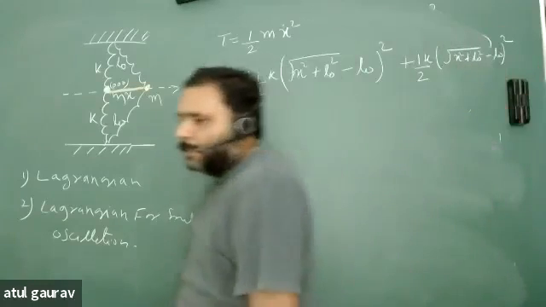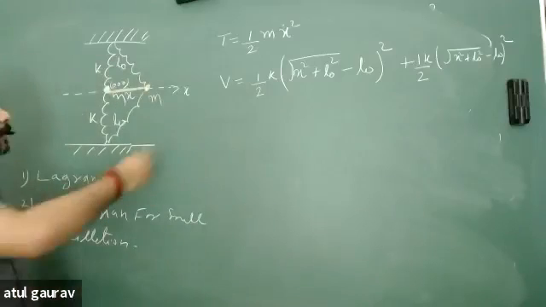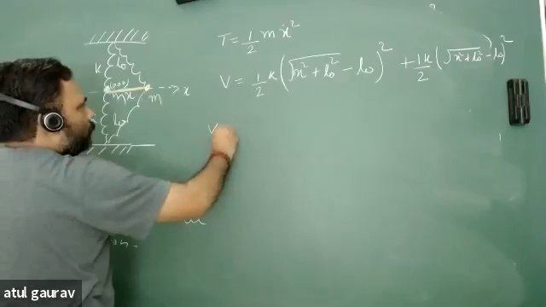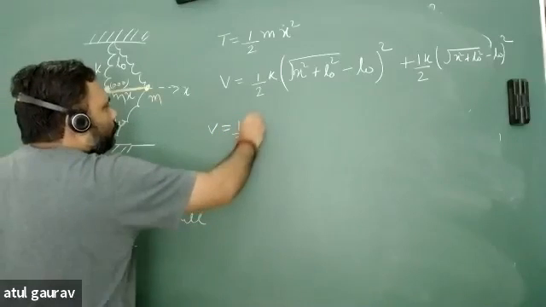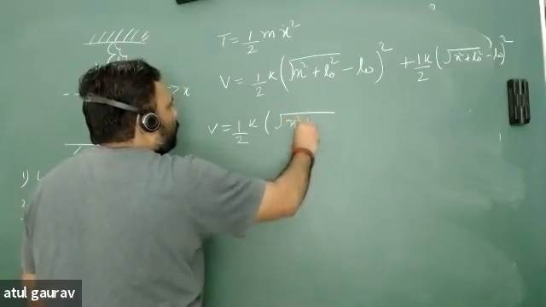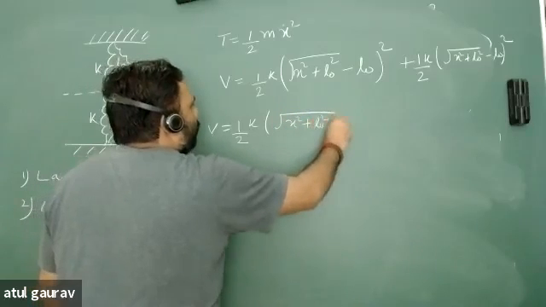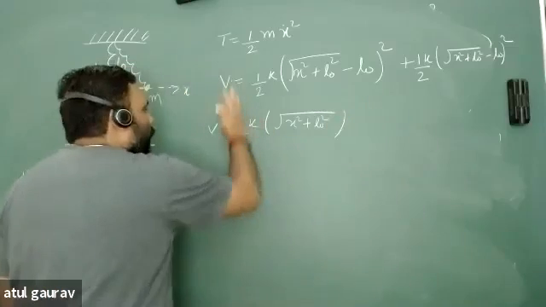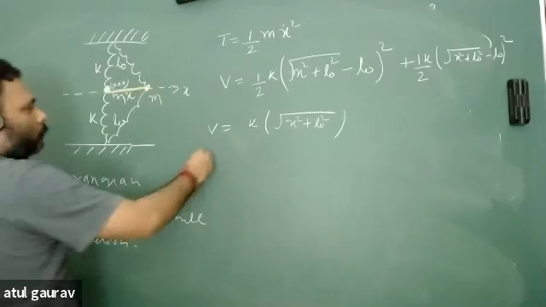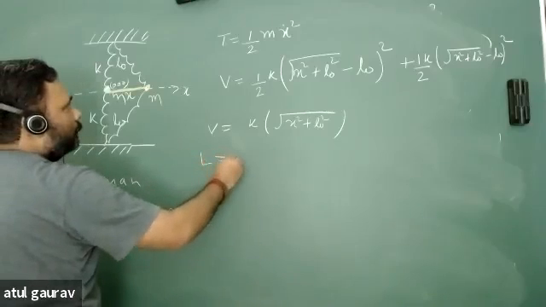So my potential energy will add up. Both are the same, it is the same spring. The potential energy is half K, root under X square plus L naught square minus L naught whole square, 2 times. So the half will be gone. This is the simple potential energy. And what will be my Lagrangian?